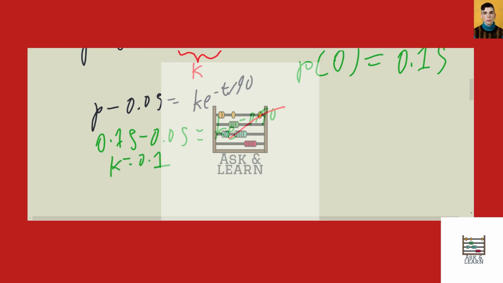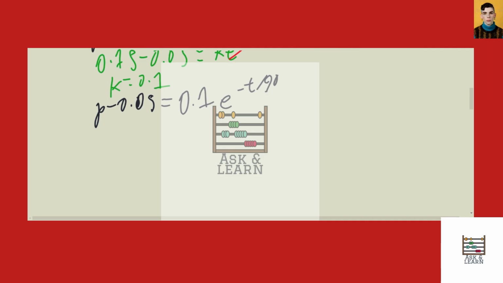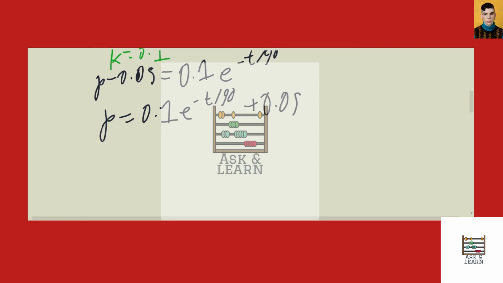So that means what we had was p minus 0.05 is equal to 0.1, which is k, times e to the negative t over 90. And finally, we have p equals 0.1 e to the negative t over 90 plus 0.05. And we can rearrange this however we want. Let's choose to do some factoring. We weren't writing p of t throughout, but technically you can do that.